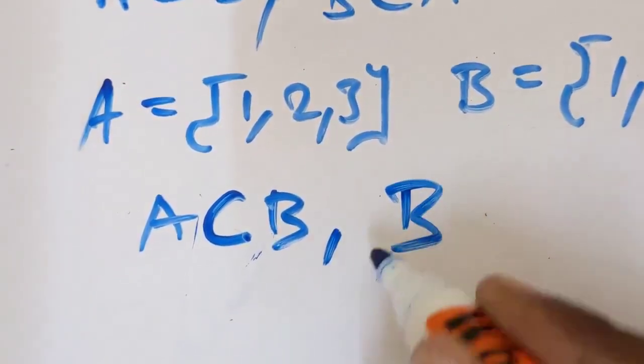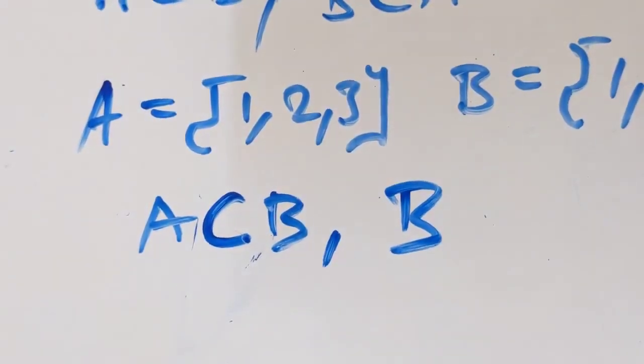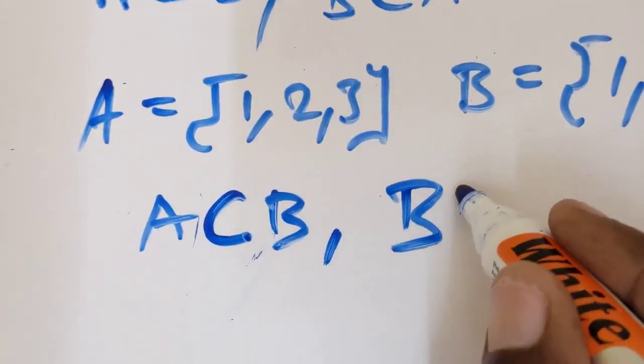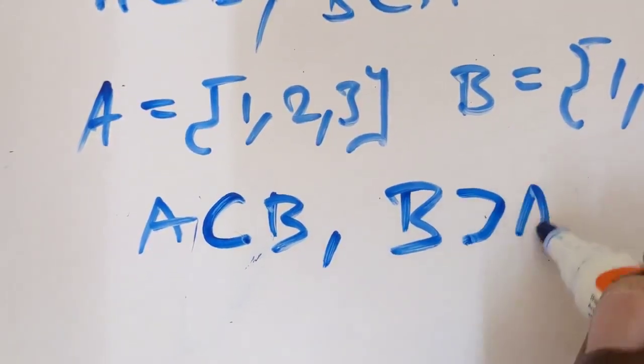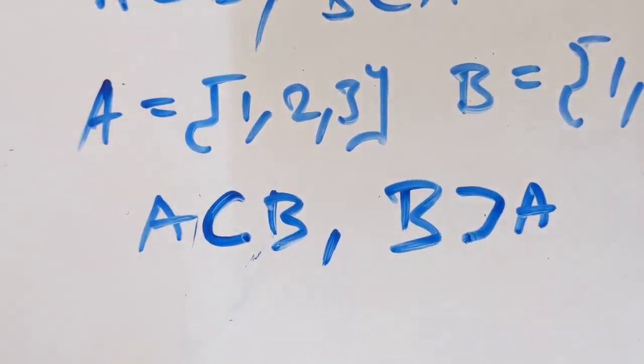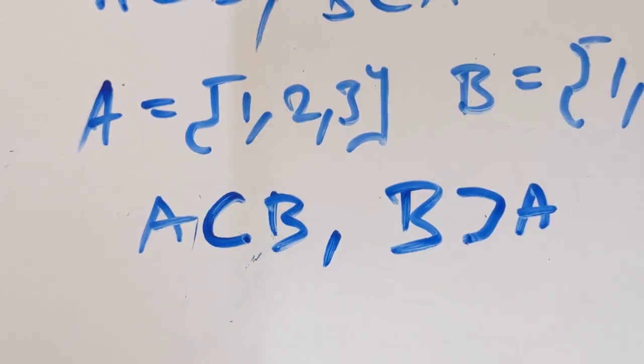But B is a proper subset of A. Why is it like this?